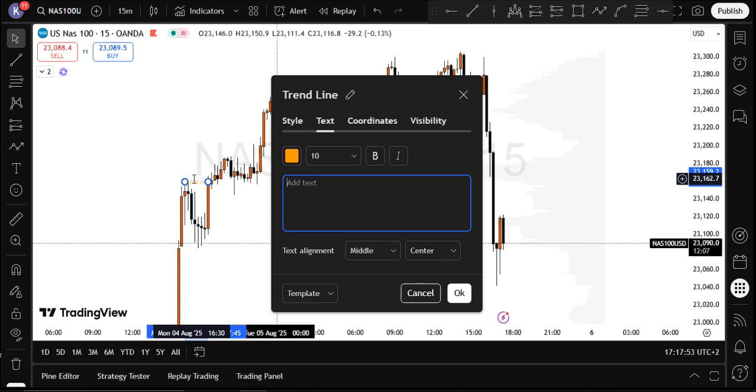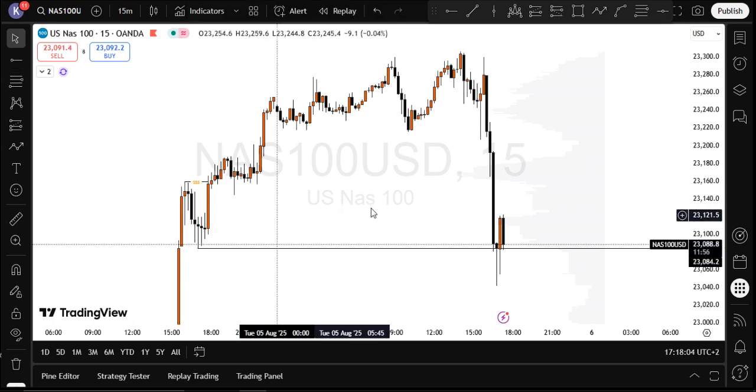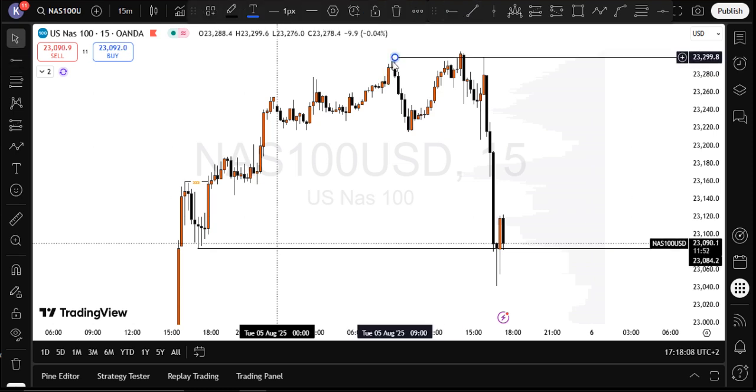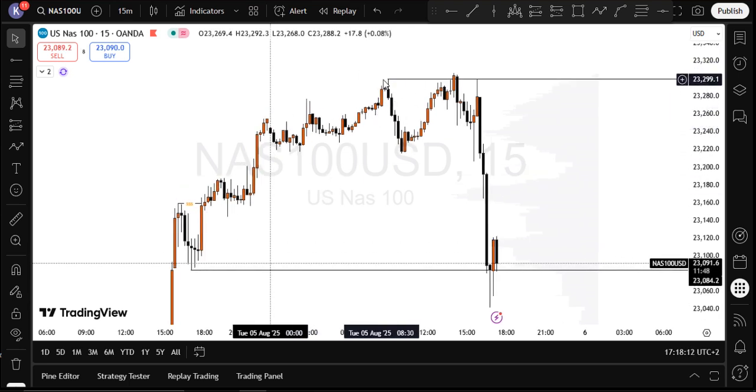That was just a liquidity sweep. This is yesterday's previous low here, and then this is today's previous high, which was created during London session.